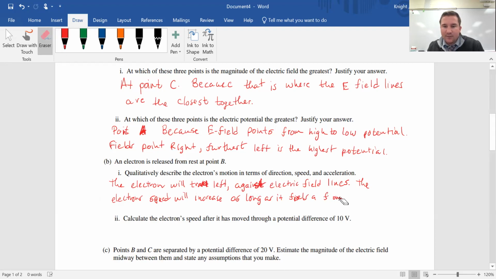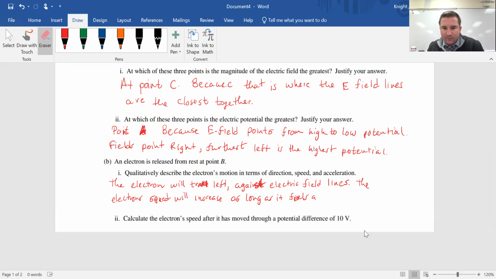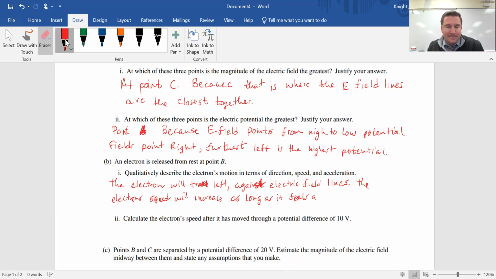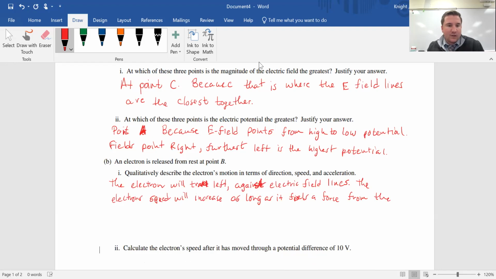It's the end of the day. I'm tired. It's time to go home. From the electric field. So it's going to increase its speed as long as it's feeling a force from the electric field.